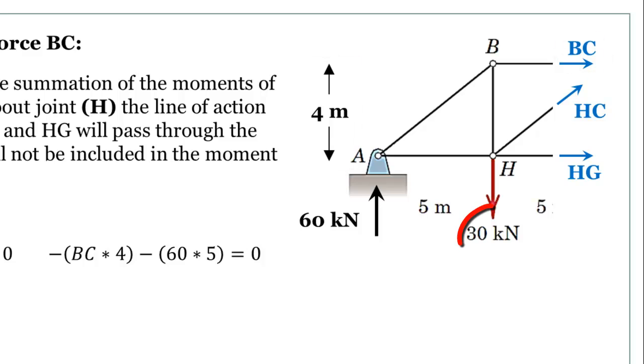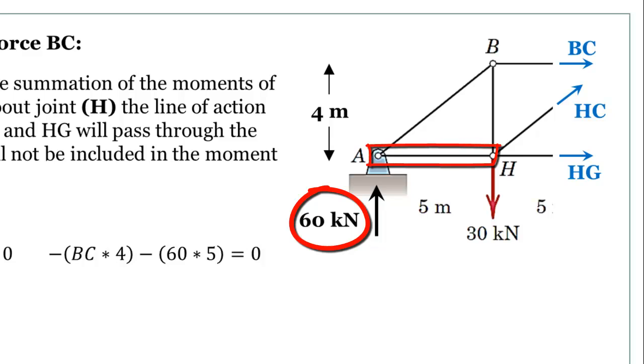Then the 30 kilonewtons will not play into the equation. HG passes through H, so it doesn't play into the equation. HC, same thing. So I'm left with the 60 kilonewton reaction at A. So I'll do 60 times 5, and it's rotating clockwise, so it should have a negative sign.